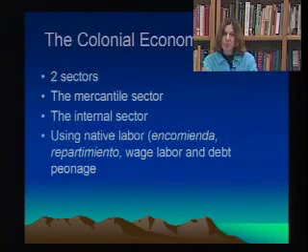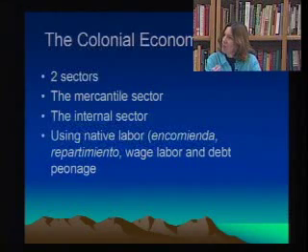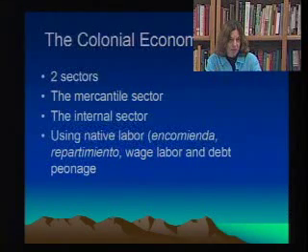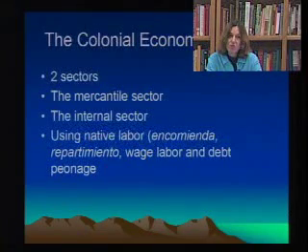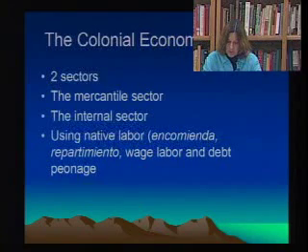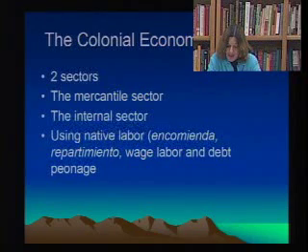And how do native laborers gain cash? Well, they're supposed to get a wage for their repartimiento labor. Government officials, private business owners who have laborers assigned through repartimiento are supposed to pay the laborers a wage, and part of that wage can then go to pay taxes.